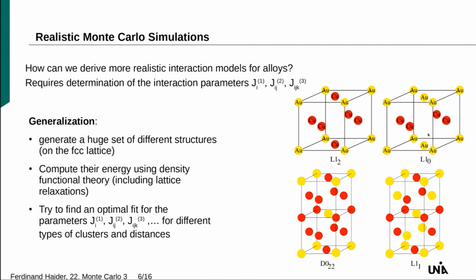So you take an FCC lattice, you put A and B atoms on this structure to create ordered structures. Here are some examples. L10 structure, that's this layered structure. Truly it's a tetragonal structure. Or here's the L12 structure. They both appear in the copper-gold system. That's why I marked it here with gold and copper. Or you have the D022 structure, the L11 structure, and so on.